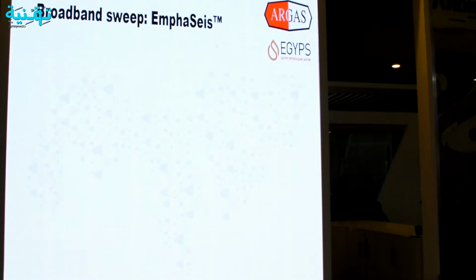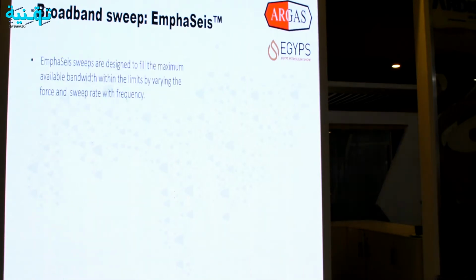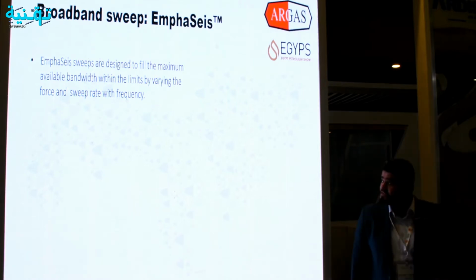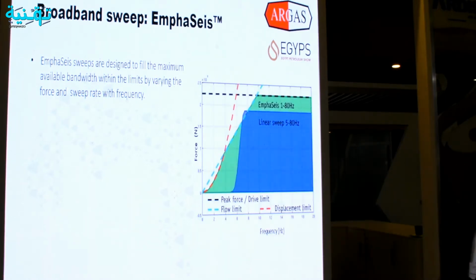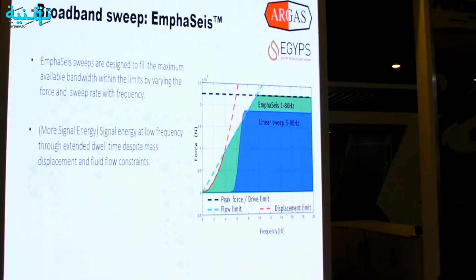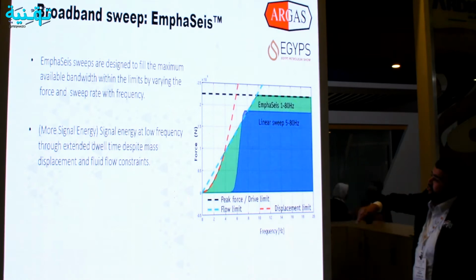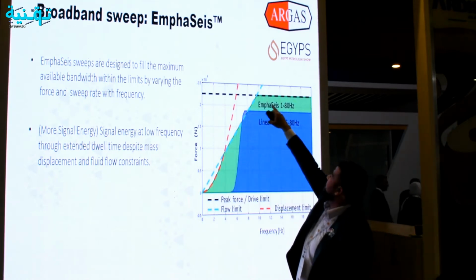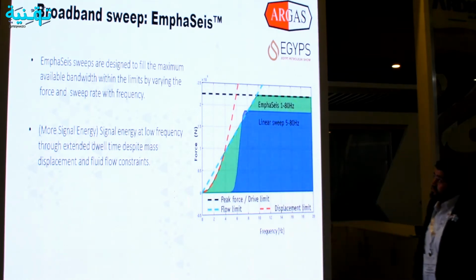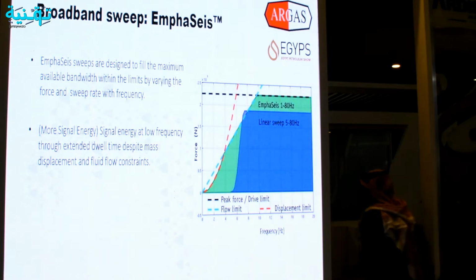Broadband sweep, the emphasized sweep. Emphasized sweeps are designed to fill the maximum available bandwidth within the limits by varying the force and the sweep rate with frequency. As you can see from this picture, this curve is the linear sweep from 5 to 80 Hz, and the green curve is the emphasized sweep, the broadband sweep from 1 to 80 Hz.